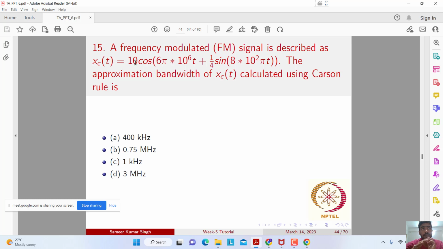Collect the information from xc(t): beta, Am, fm, fc, and apply the Carson rule. Okay, we will check it.